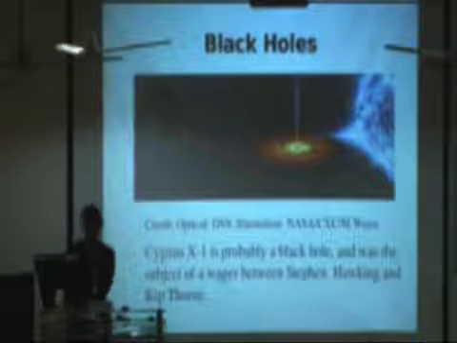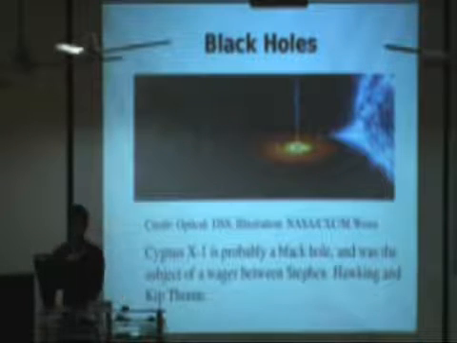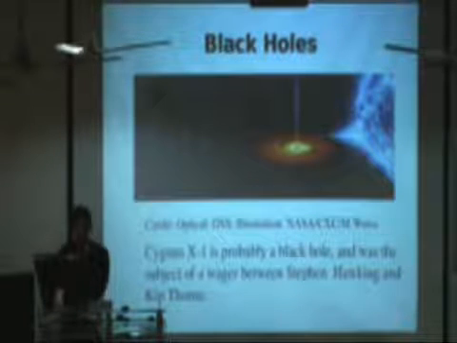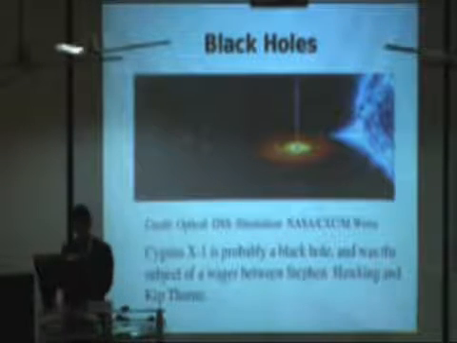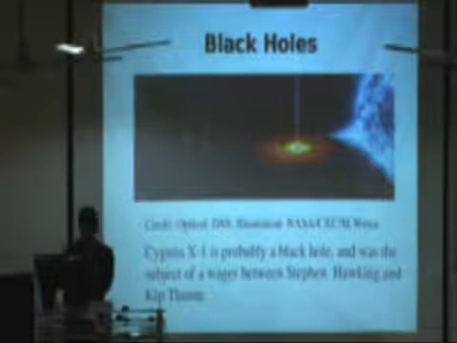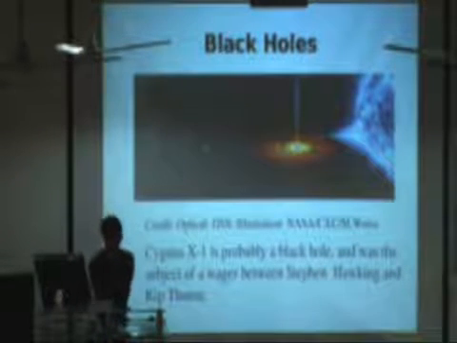So there's always some uncertainty when you observe a candidate black hole in the sky. Stephen Hawking wagered that Cygnus X-1 is not a black hole, and Kip Thorne wagered that it is. It turned out that it is, so Stephen Hawking lost that wager.